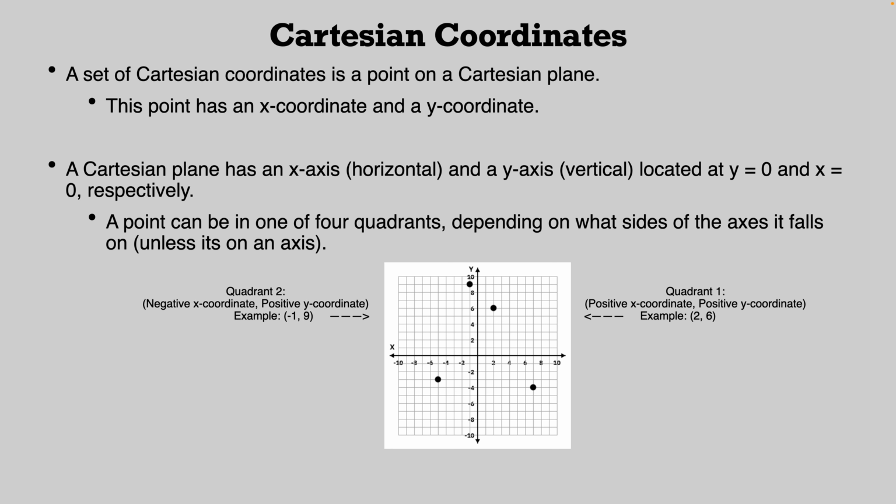Quadrant 2, the x coordinate is negative, but the y coordinate is still positive because it's above the x-axis, but to the left of the y-axis. Quadrant 3, now we're below the x-axis, which means now both our x and y coordinates are negative. And lastly is quadrant 4, so we're back to the right of the y-axis, so it's a positive x coordinate again, but we still have the negative y coordinate.